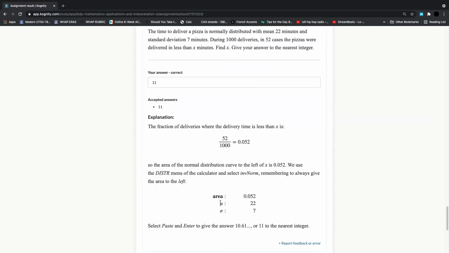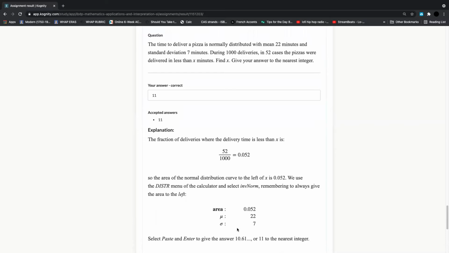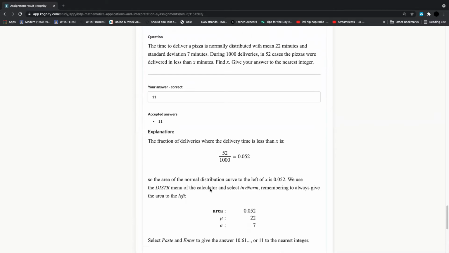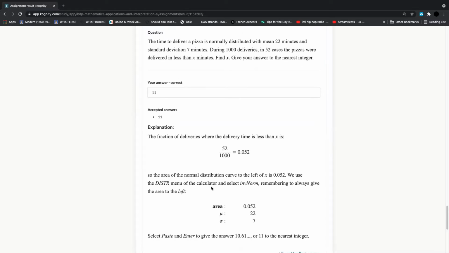So that's pretty simple. If this gets kind of confusing on the test, I would draw out the bell curve and shade the section you're focusing on. So if it says more than, you're focusing to the right.